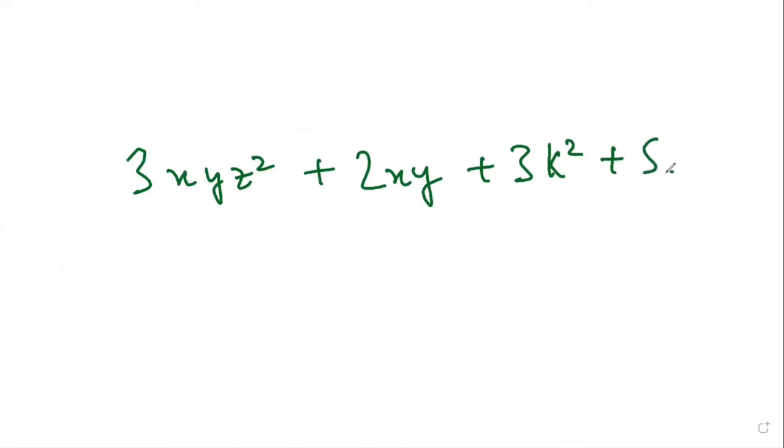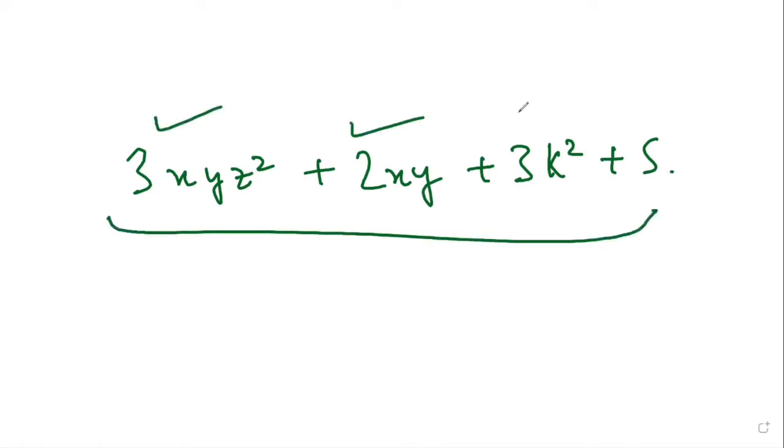Now this is a combination of a lot of variables and a lot of constants. But what you need to understand very clearly is that this algebraic expression consists of 1, 2, 3, 4 terms. This you need to understand. Terms are separated by plus and minus only.